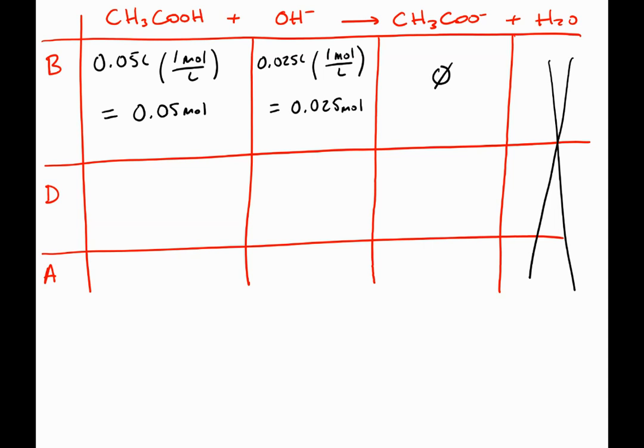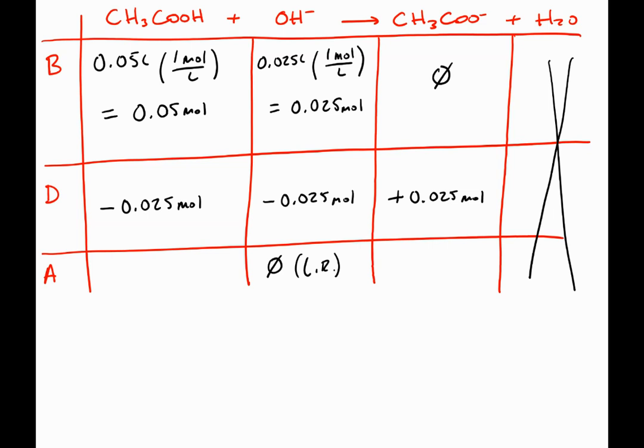So once again, hydroxide ion is the limiting reactant, and so all of it will get used up. There will be none of it left over after the reaction goes to completion. Therefore, we've used up all 0.025 moles of the hydroxide ion. That means we've also used up 0.025 moles of acetic acid, and we've made 0.025 moles of the acetate ion.